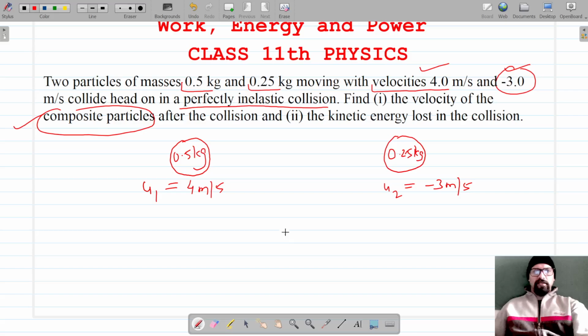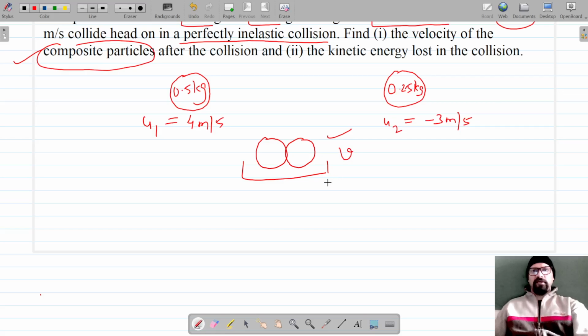They collide head on, and now these are the composite particles and they move with common velocity v. We have to find the velocity of the composite particles after the collision.